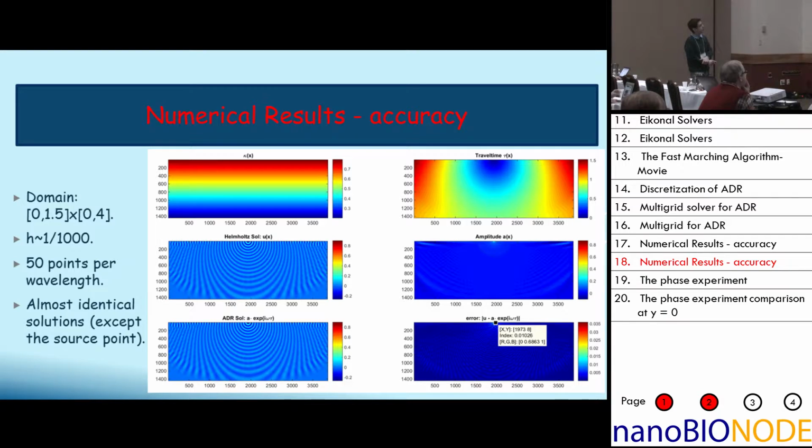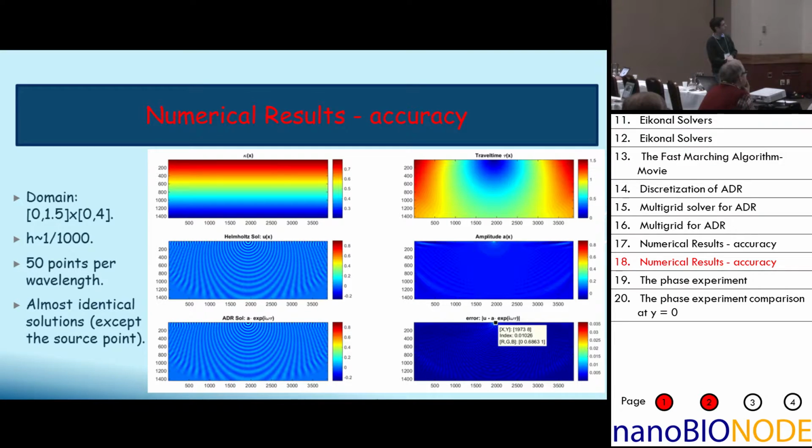And we've got 50 points per wavelength, so we've got really good accuracy from both of the approximations. And if you look at the error here, we've got 0.01 really close to the source, where Helmholtz itself is not very accurate, but in the rest of the domain, we've got almost equivalence between the two formulations.